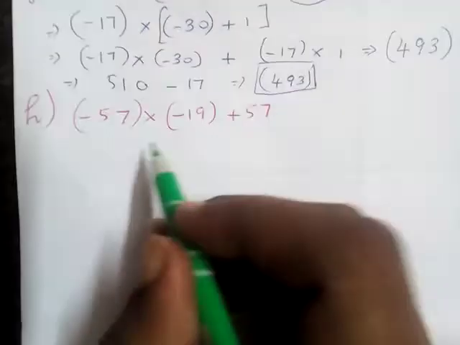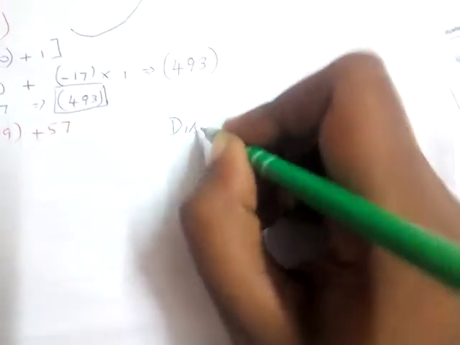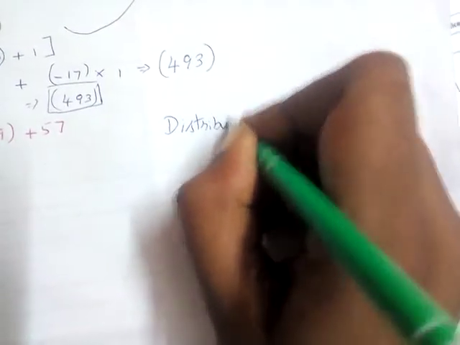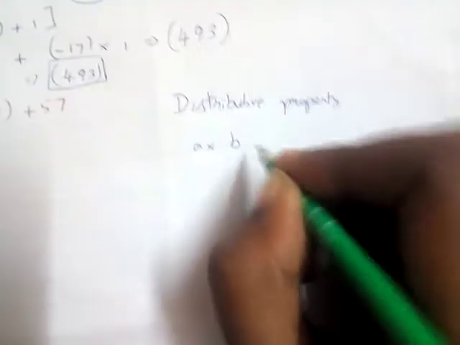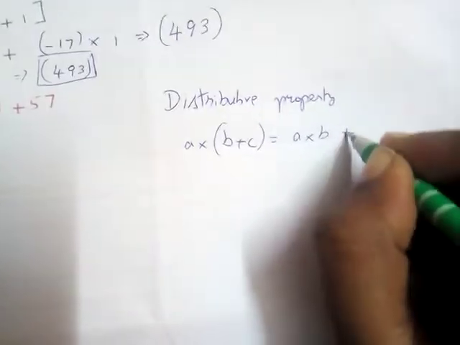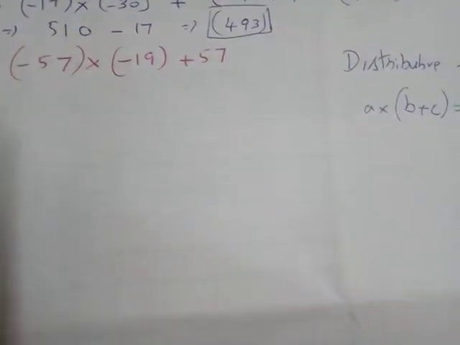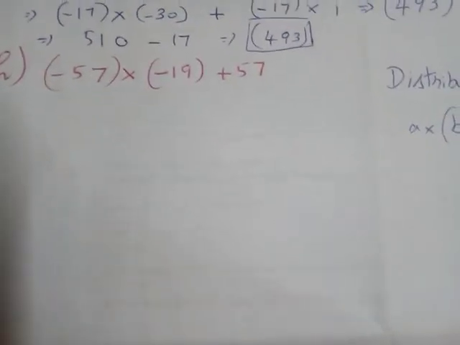H: minus 57 into minus 19 plus 57. Again, the property used here is the distributive property. As you already know, it's A into B plus C, which is equal to A into B plus A into C. Over here, the common integer is 57. You can either take minus 57 or 57 as the common integer.